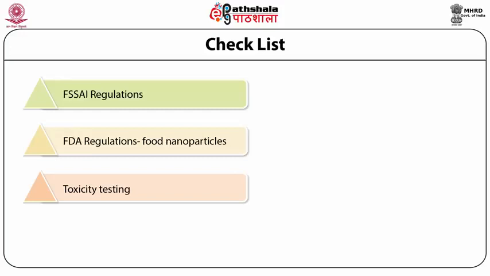Therefore, to follow the FSSAI regulations, the FDA regulations, and to perform proper toxicity testing are the prerequisites before we can think of applying any of these nanoformulations into functional foods.